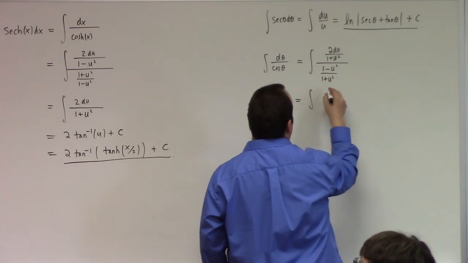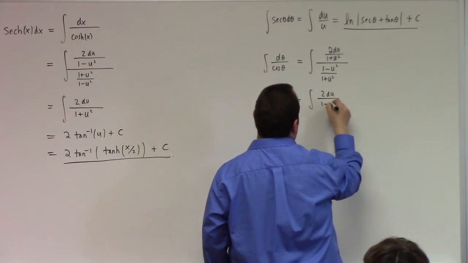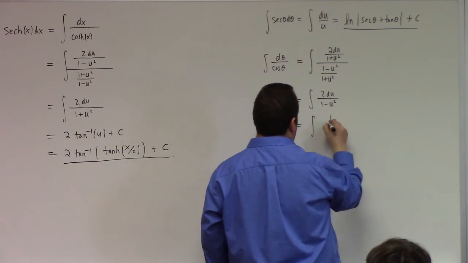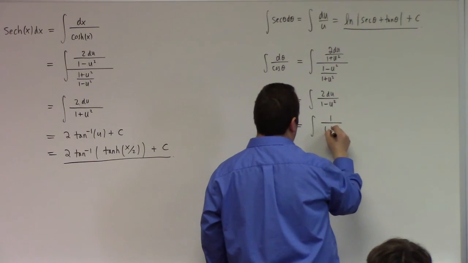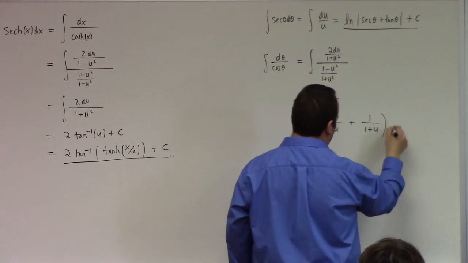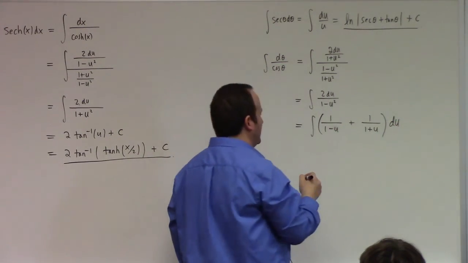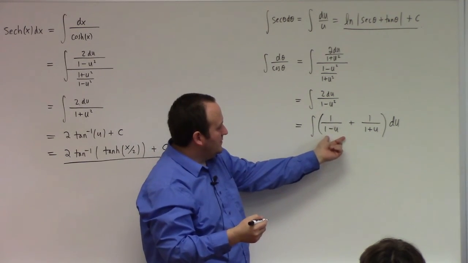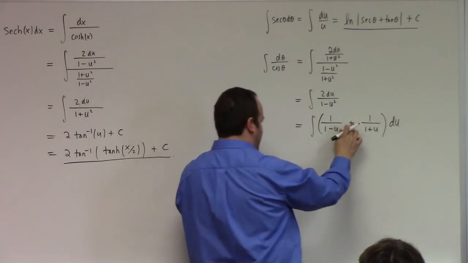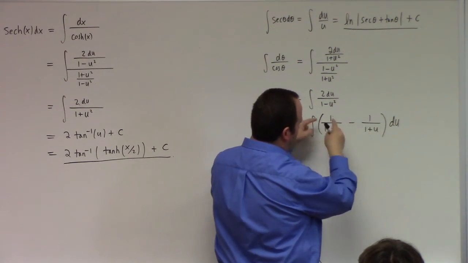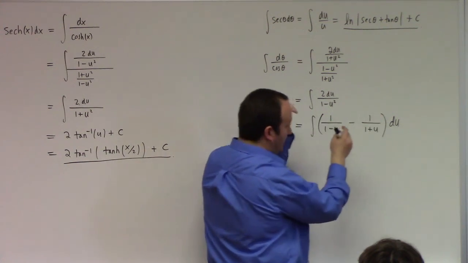So you get integral of 2 du over 1 minus u squared. And you're like, aha, I will partial fractions that. That is 1 over 1 minus u, plus 1 over 1 plus u. I mean, obviously that's the partial fractions, right? I'm being facetious. If you work it backwards, though, you can see I'm right. Make a common denominator, so that you end up with a 1 plus u here, a 1 minus u here.